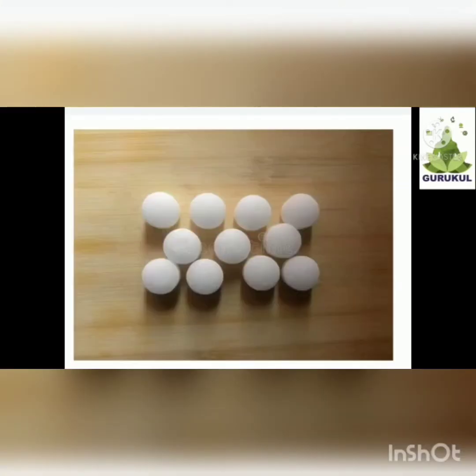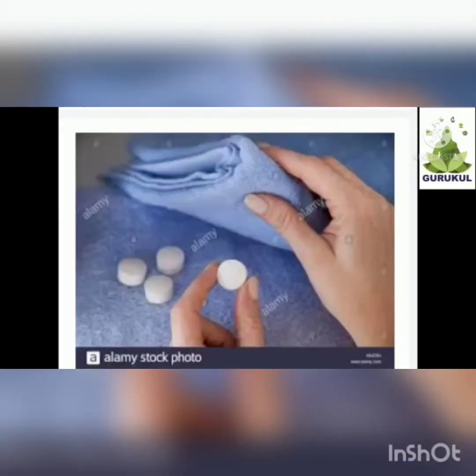I hope all of you have seen this. Correct? All of you are familiar with these naphthalene balls, no? So, we place them in warm clothes. But you know, after some days, why do the clothes also smell of naphthalene? Yes, think on this.